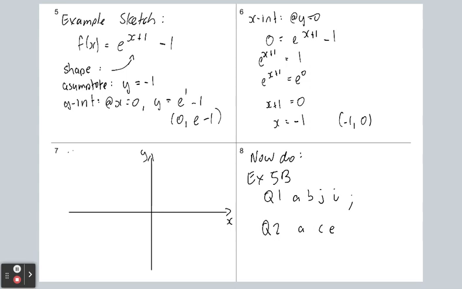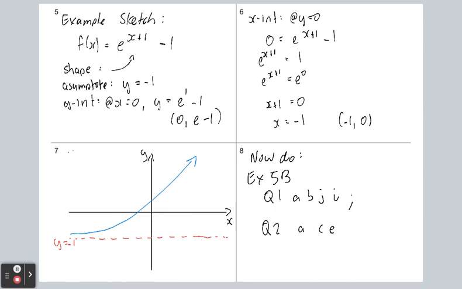I'm going to put my asymptote in, which is negative 1. Oh, that was bad of me after I just told you not to say that. Which is y equals negative 1. And then I'll pop my graph in. I know that it needs to cut through here and here, so that's fine. I'm not going to put them in until I draw it though. That way I don't have to miss the spot. Like so.